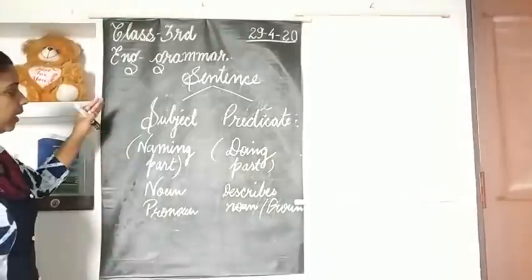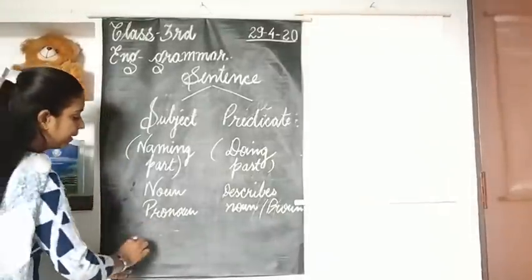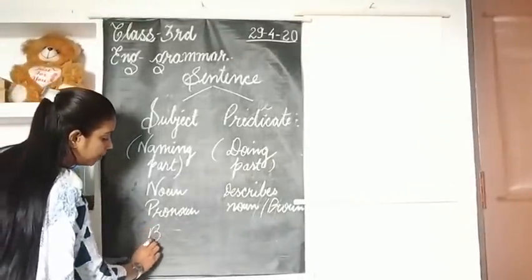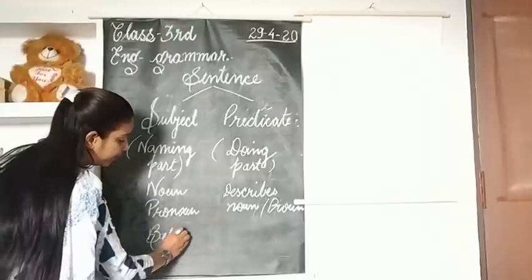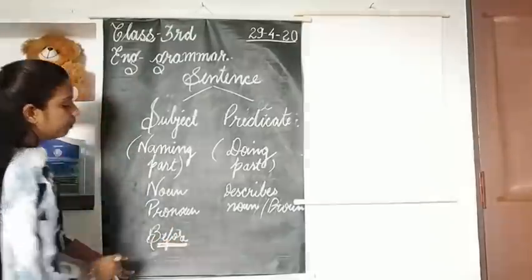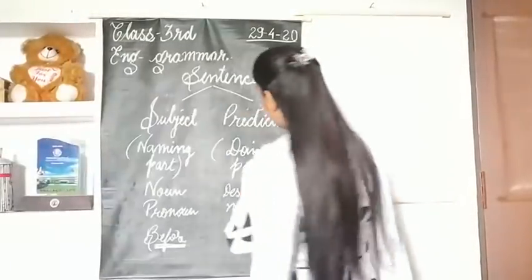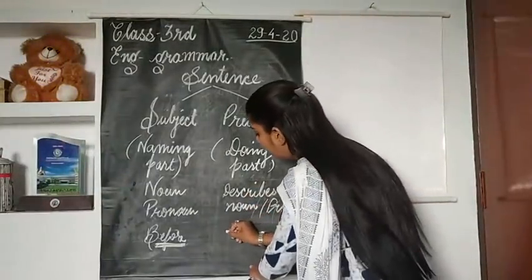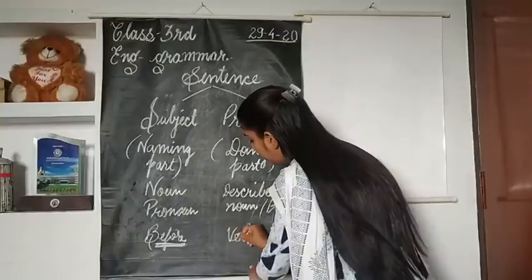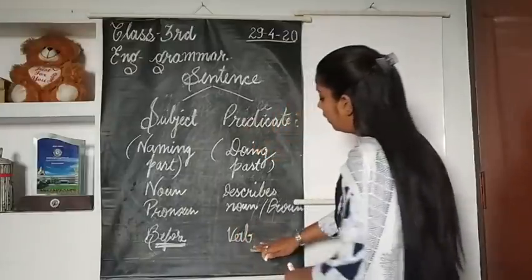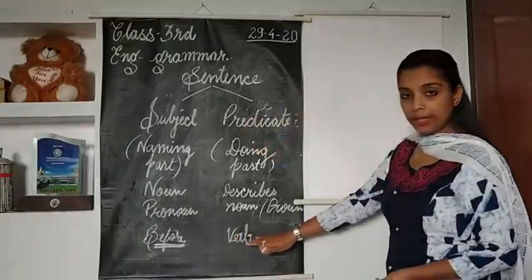One more thing about subject. Subject always comes before predicate. And predicate carries a verb in it. Predicate part of a sentence must always carry a verb in it.